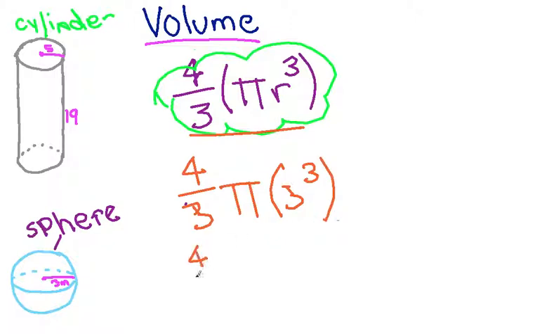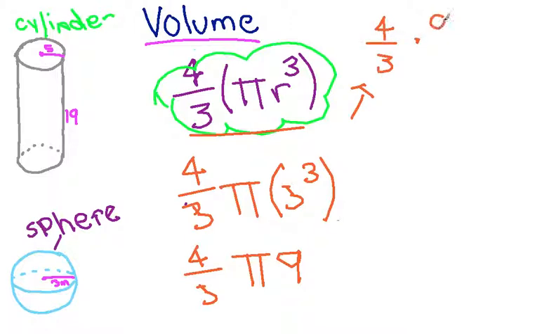So that's 4 thirds times pi times 27. Let's continue here. And 4 thirds of 27, well, we do 4 thirds times 27 over 1. And we can do this: 27 divided by 3 is 9.